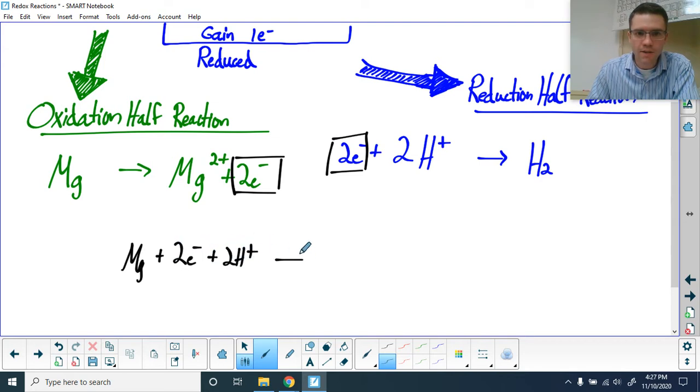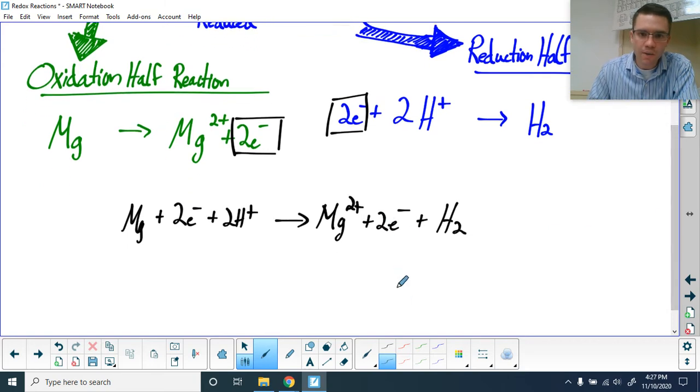Turns into, on our product side, Mg2+ plus 2 electrons from the oxidation half reaction. And then we also get our H2 from our reduction half reaction. And it should always have your electrons cancel if you balance your equation correctly. And this would be your overall balanced equation.